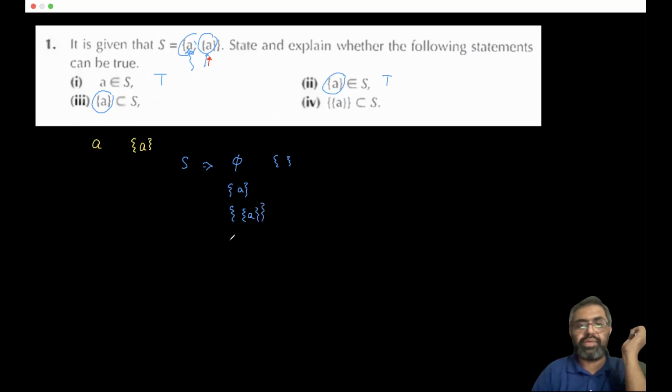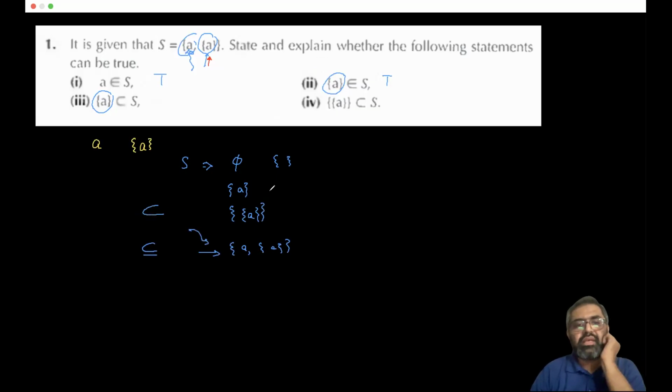Then we have two element sets, which is A and {A}. So this is like a proper subset. We include this set, but we don't include this one. So this is a subset of S, and this is also a subset of S.